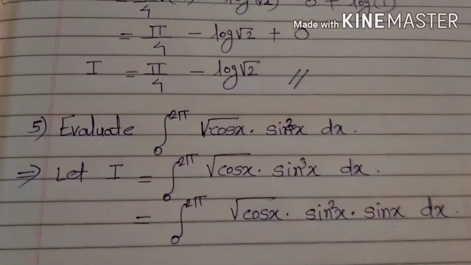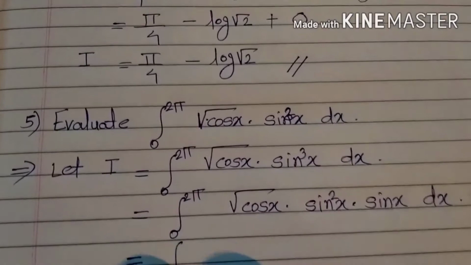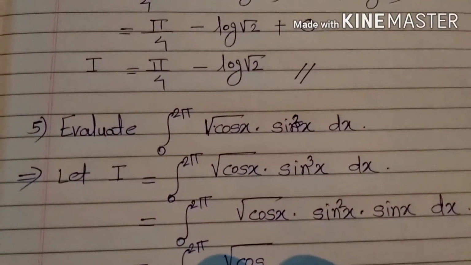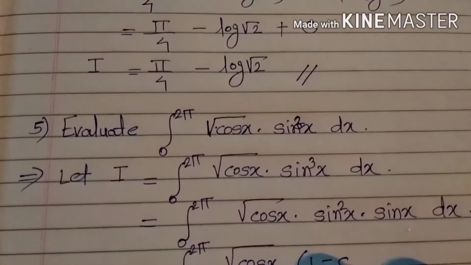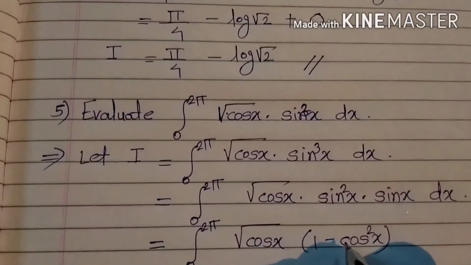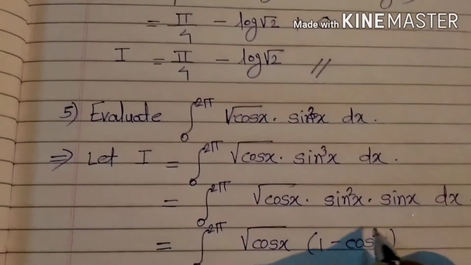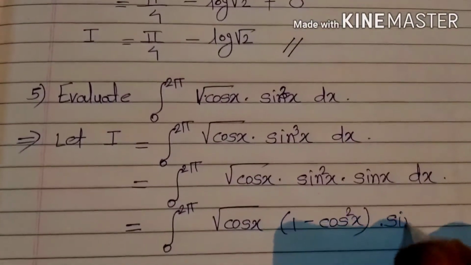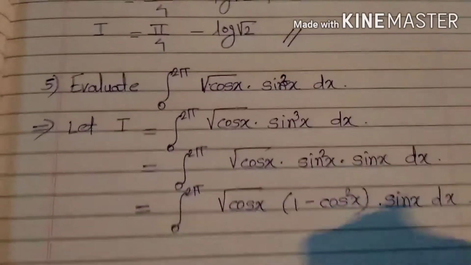But we know that sin square x is 1 minus cos square x. What is the identity? Sin square x plus cos square x equal to 1. So using this identity, this will become root cos x into 1 minus cos square x into sin x dx.